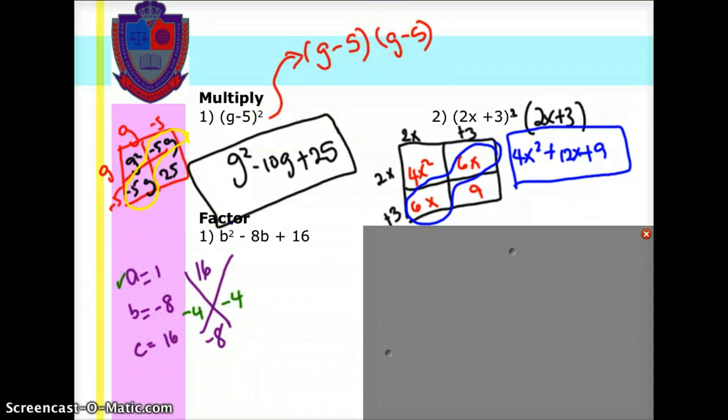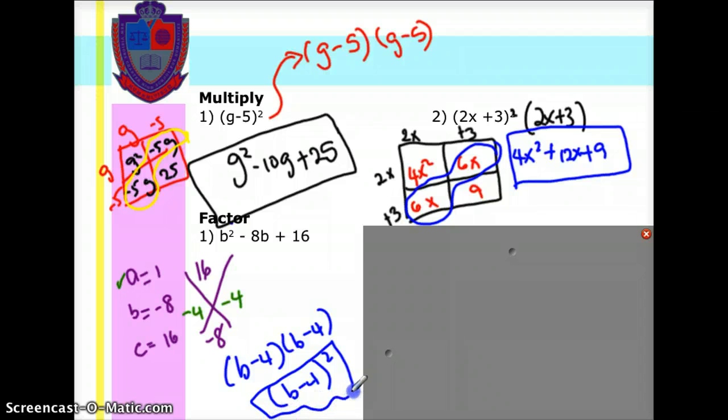Again, my a is 1, check, and I know all I'm going to write here is b − 4 and b − 4. But because we're such scholars, we know (b − 4)(b − 4) is the same thing as writing (b − 4)². Now try number 2. Be very careful because again, a is greater than 1.